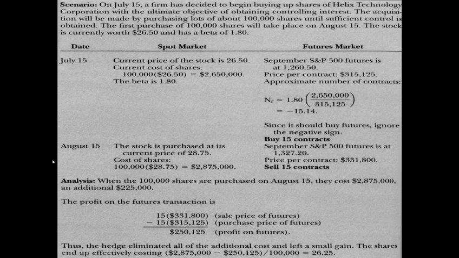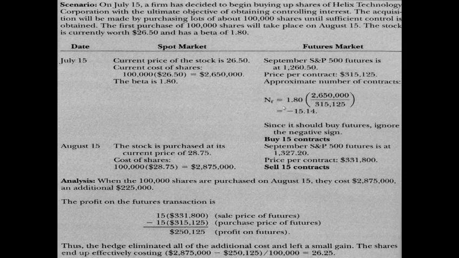In August, in 1 month's time, sure enough, the stock price has gone up. It was $26.50, now it's $28.75. So it's risen by at least a couple hundred thousand dollars. It's now $2.875 million worth.